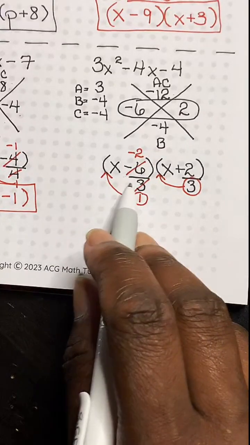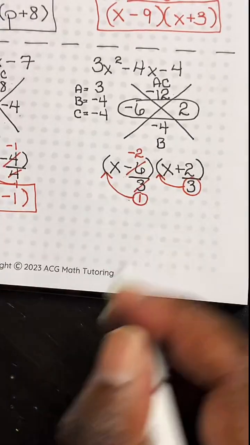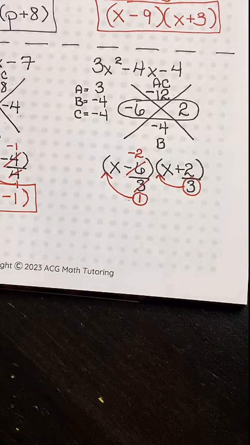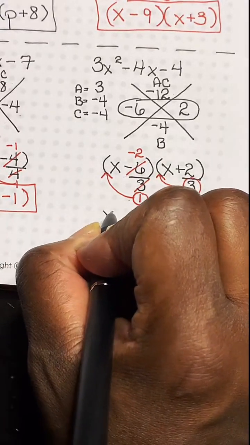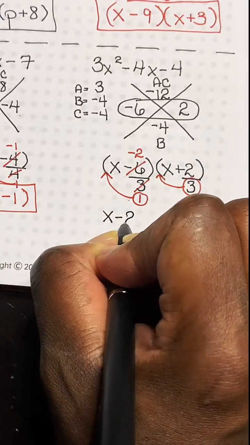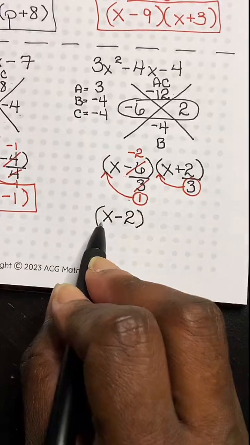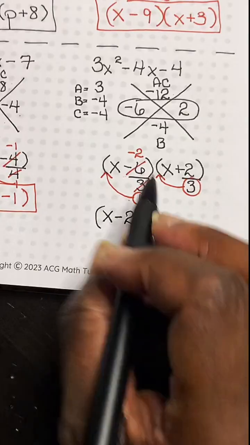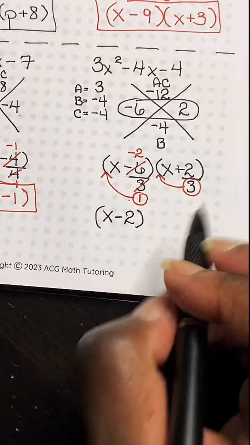So if I rewrite this, yes, I could put a 1 in front of the x, but it's already understood to be there. So that means I can say x minus 2, that's that first parenthesis, because the 1 is understood to be there, and we already got the minus 2 from simplifying.